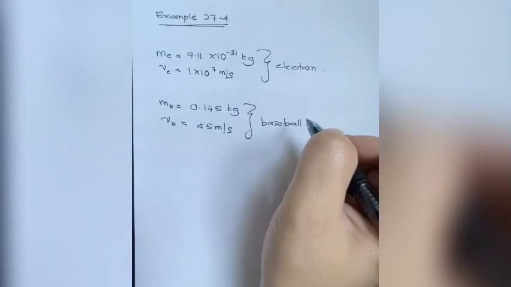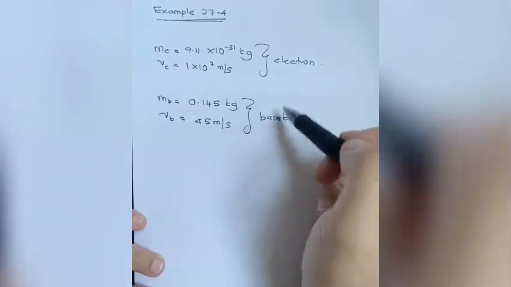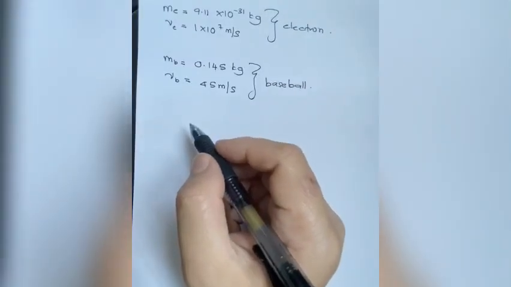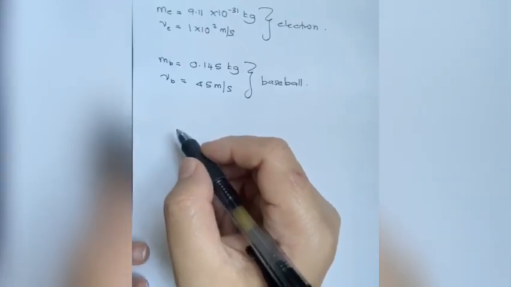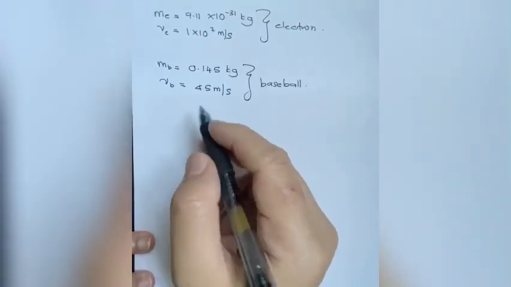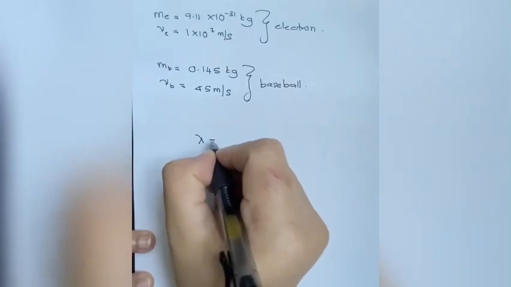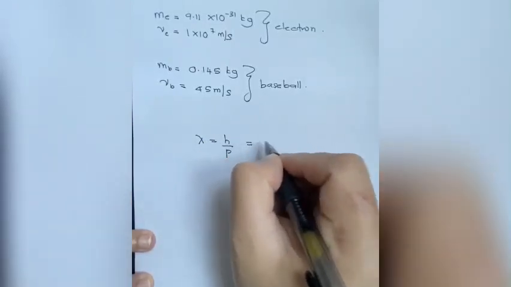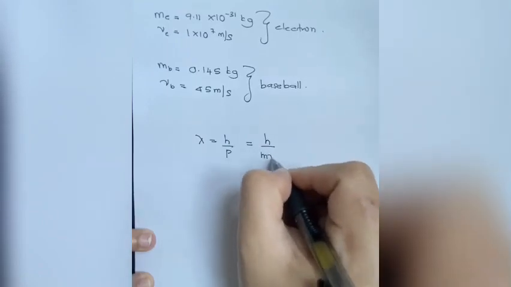Now we want to compare the de Broglie wavelength between the electron and the baseball. Going back to the formula of de Broglie wavelength, lambda is equal to h over p, where the momentum p is equal to mv.